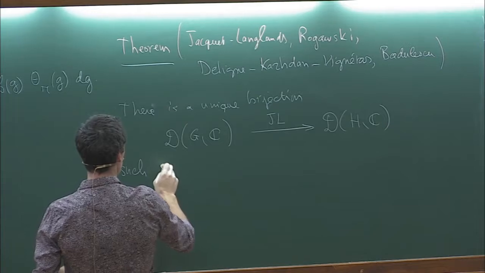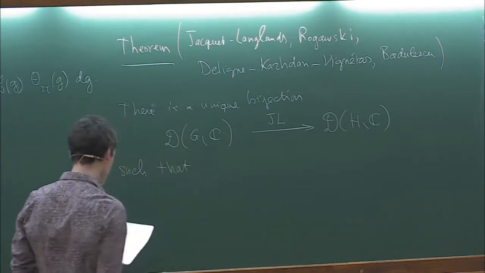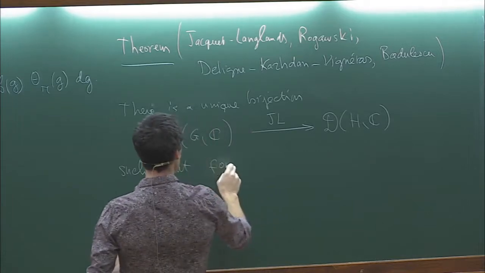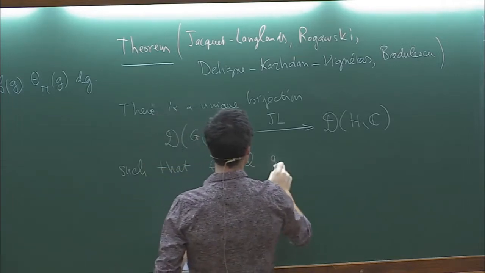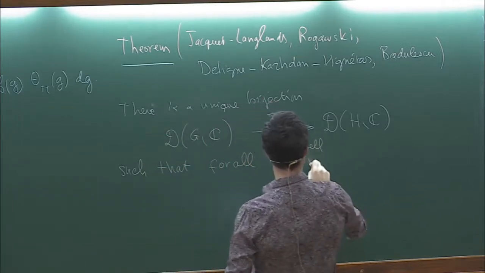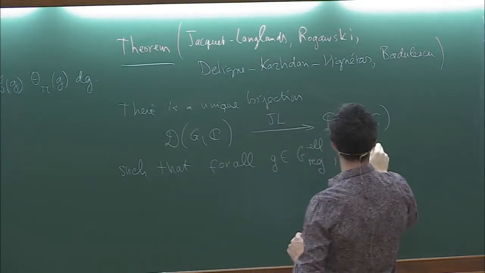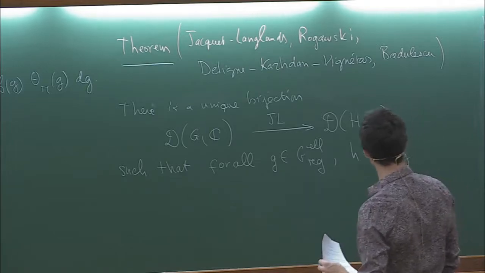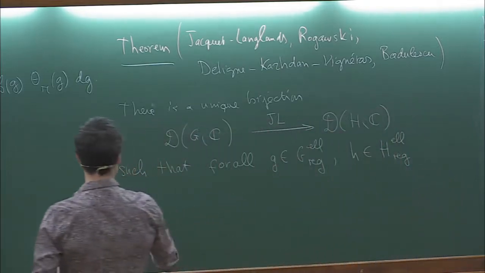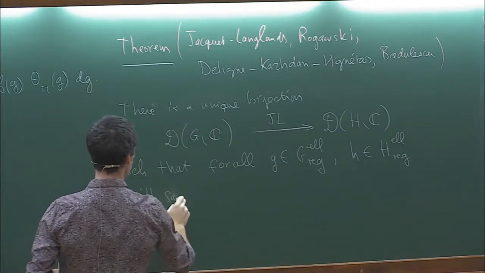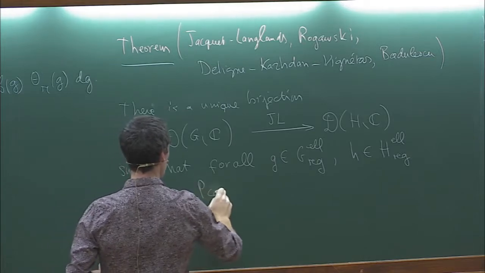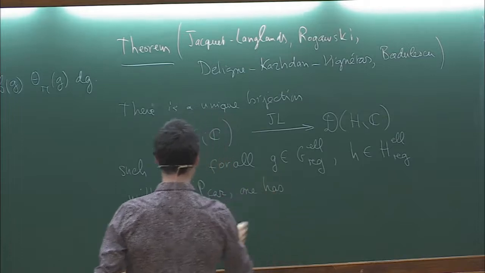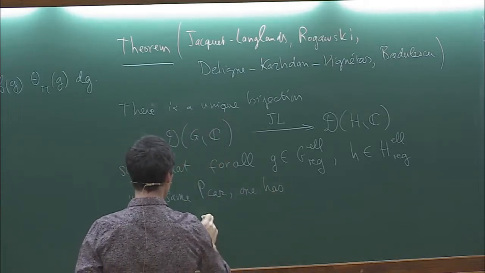denoted JL, the Jacquet-Langlands correspondence, which is characterized by the following character identity: for all g elliptic regular in G and h elliptic regular in H with the same characteristic polynomial, one has the following identity between the two Harish-Chandra characters.